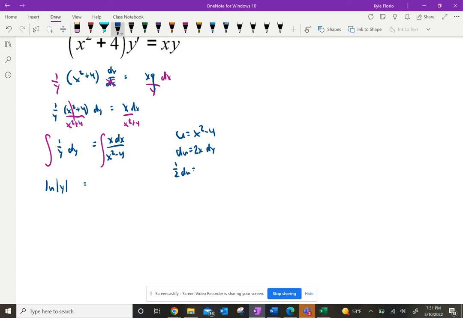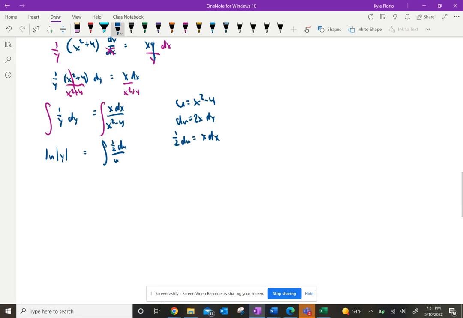So half of du would be x dx. And now I can replace that x dx with half of du over u. So the natural log of y equals, let me just clean this up a little bit, this is equivalent to saying 1 over 2u du.